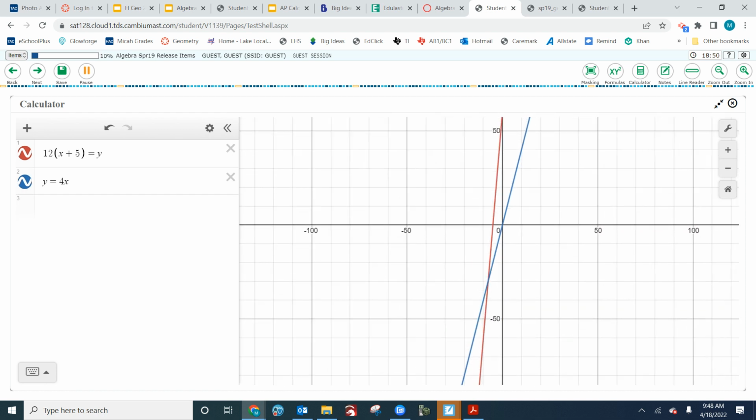It didn't hit it, did it? Yeah, right, there it is. Negative 7.5. That's kind of crazy to do, but you could have. Hey guys, if it's equations with stuff on both sides, just write two of them. Both of them equal y. Where they intersect, there's your x. Negative 7.5.